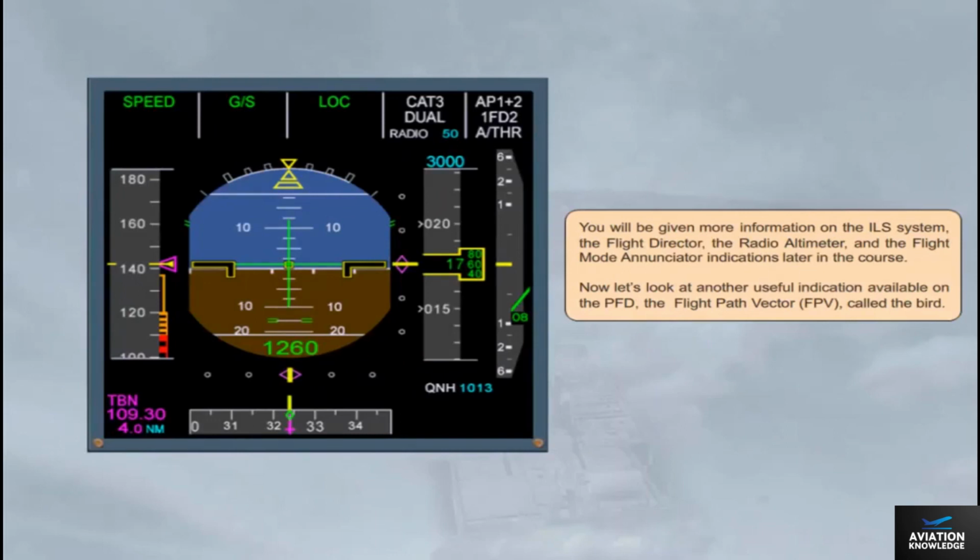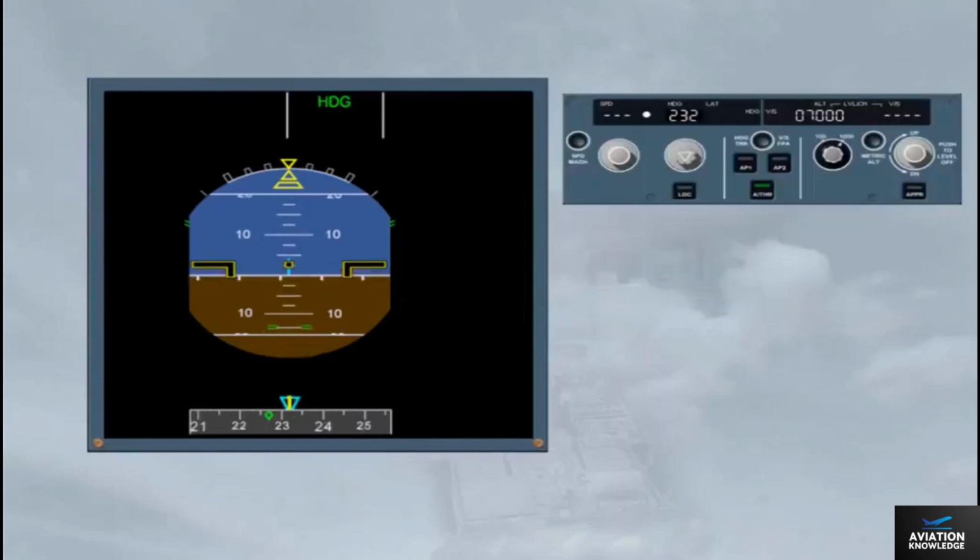Now, let's look at another useful indication available on the PFD, the Flight Path Vector, FPV, called the bird. The FPV can be displayed on the PFD by pushing the Track FPA button on the FCU. It shows you what the aircraft is doing in relation to the world.